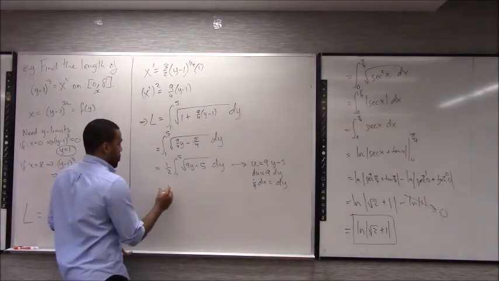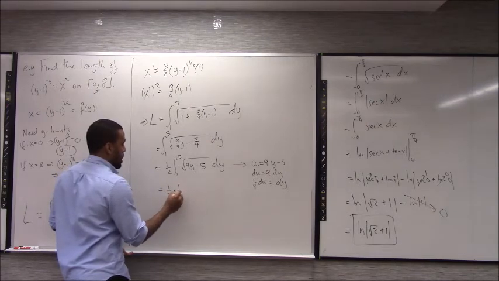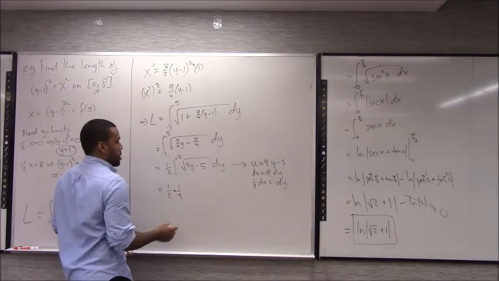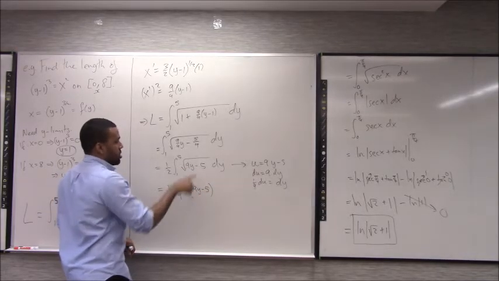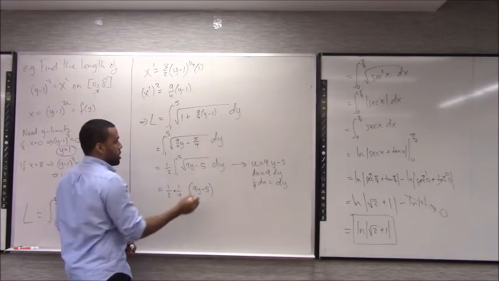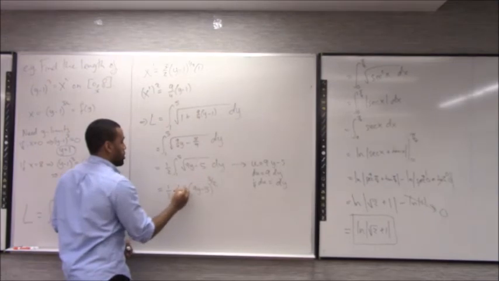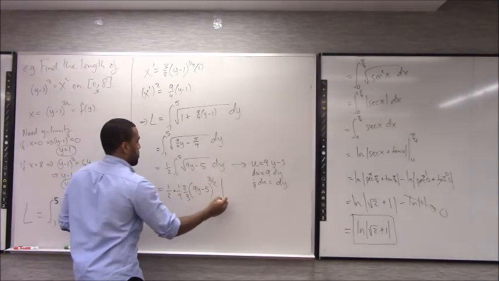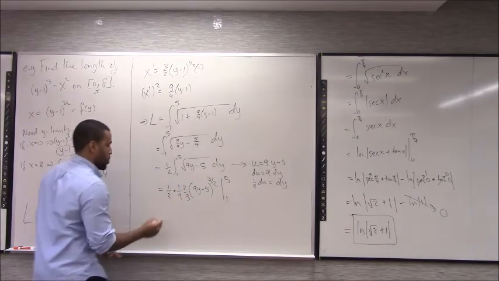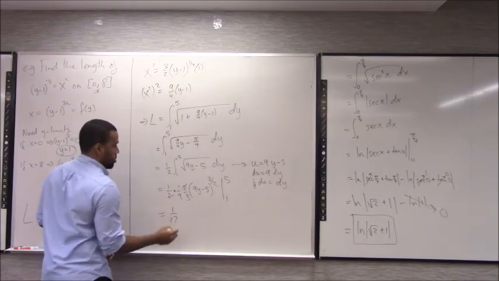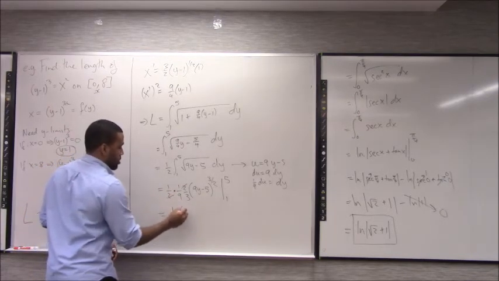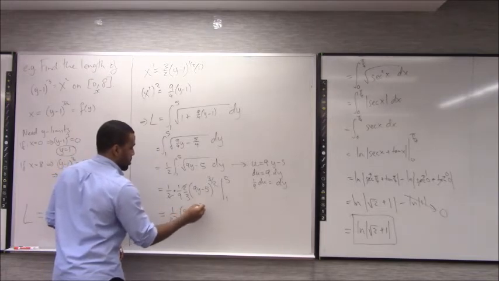And so you'll have 1/2 times 1/9. And so this would be u to the 1/2, so you integrate that, you get 3/2 times 2/3. Just 1/27 times 9y minus 5 to the 3/2.